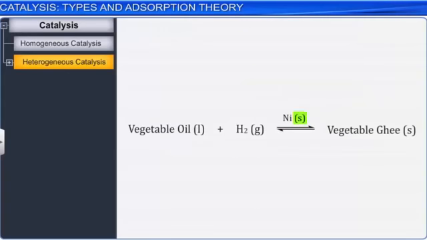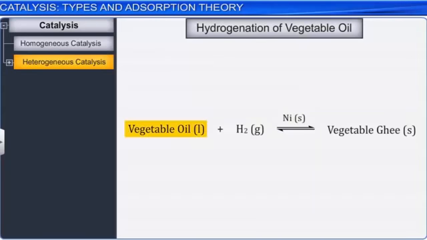Let us consider another example, that of the hydrogenation of vegetable oils in the presence of finely divided nickel as the catalyst. In this reaction, the catalyst, nickel, is in the solid phase, and the reactant, vegetable oil, is in the liquid phase, while hydrogen is in the gaseous phase.